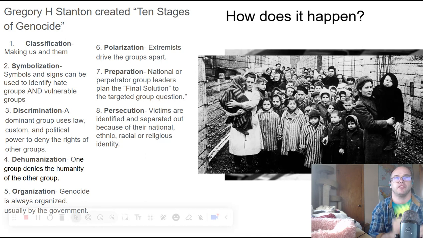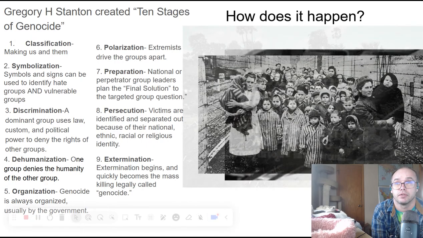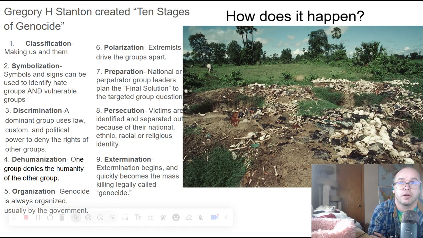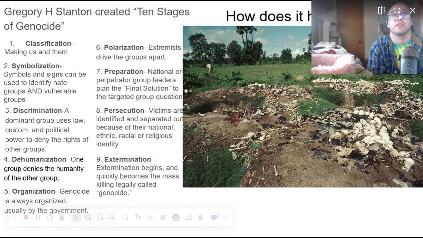Once we have all of this happening, we get to the real bad stuff. We get to the part that people call a genocide, the extermination. And once the extermination starts, well, it can go fast.